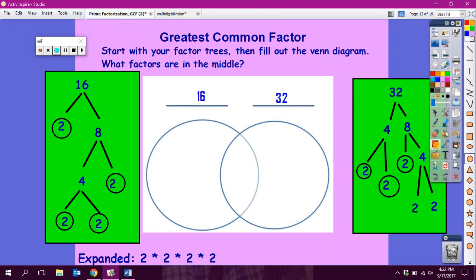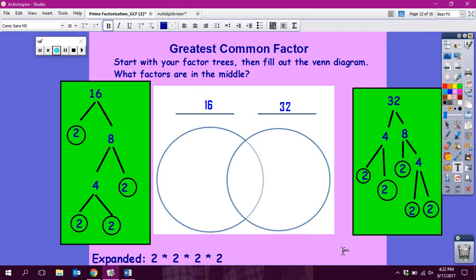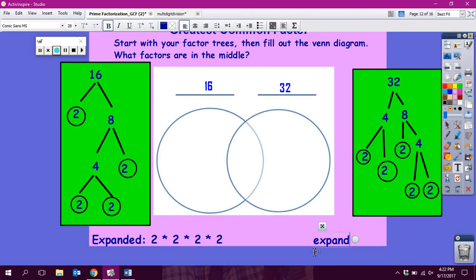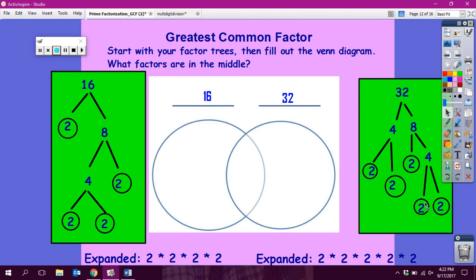And those both need to be circled because they are prime. Woohoo! Okay. So the expanded form of that is going to be 2 times 2 times 2 times 2 times 2. You can't see my 2 because it went behind the trash can. There it goes. Okay. So 1, 2, 3, 4, 5. Got to make sure. 1, 2, 3, 4, 5.